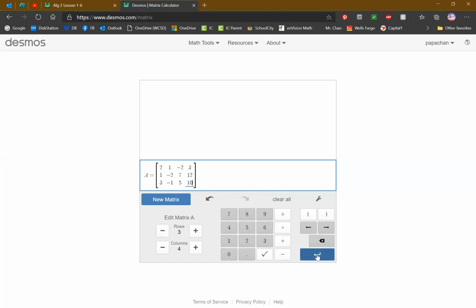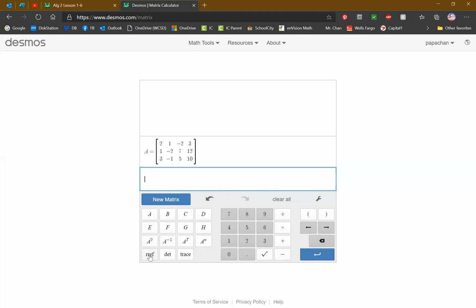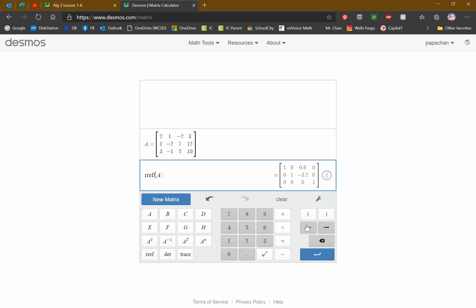Enter that. I'm going to do something called reduced row echelon form of matrix A there. And look at that. You see this funny last row right there? 0, 0, 0, 1. The first column represents the x's, the second column represents the y's, the third column represents the z's, and the last column represents the answer. Look at the bottom row.